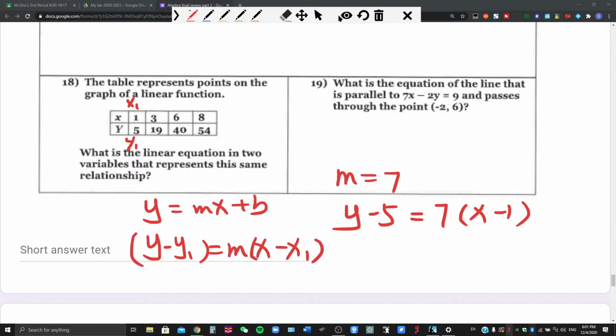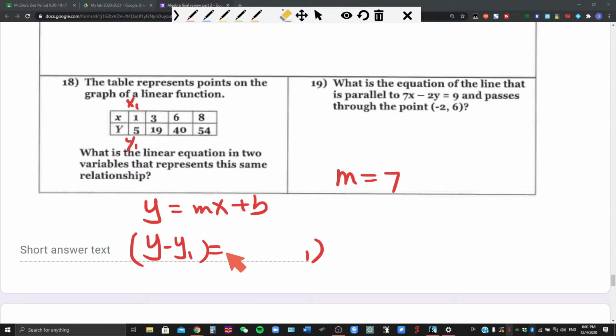And if you want to use the mx + b formula, you will need to find out the b. For the b, that's when x is 0. What is the y? We know that when x goes from 0 to 1, the y will increase by the slope, which is 7.